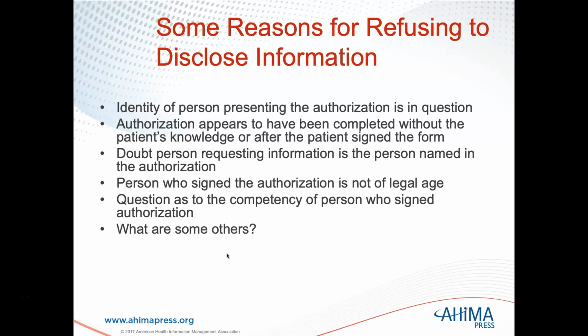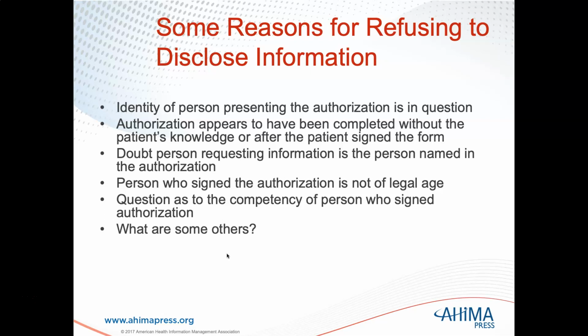If the identity of the person that is presenting the authorization is in question. So for instance, if somebody shows up and they hand over an authorization and refuse to give you identification, or the signature of the patient doesn't match the signature in the record, those types of things, you can refuse to disclose the information.